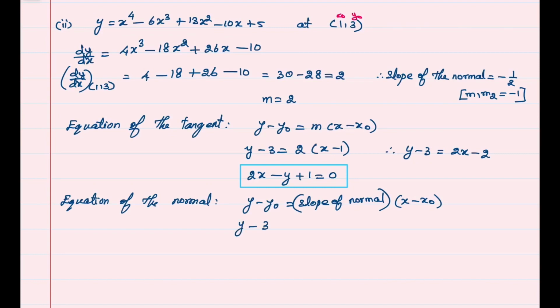Point of contact is the same. We get y minus 3. Slope of normal is written here, which is minus half, times x minus x0 is 1. Let us multiply the whole equation by 2. 2y minus 6 is minus x plus 1. Therefore, the equation of the normal is x plus 2y minus 7 equal to 0.